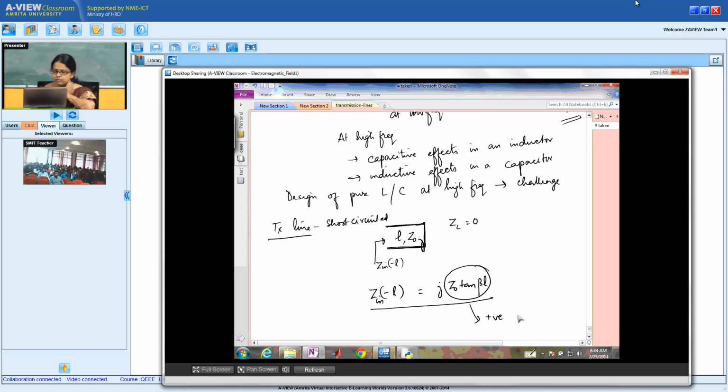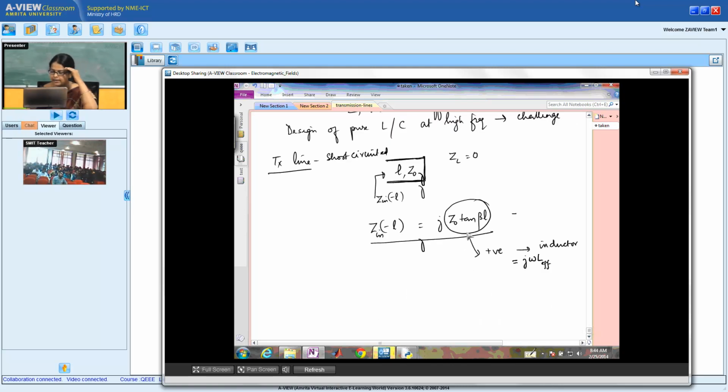Tan beta L could be positive or negative. So if I choose beta L in such a way that tan beta L is positive, then I can represent this as j omega L, the effective inductance of the line.